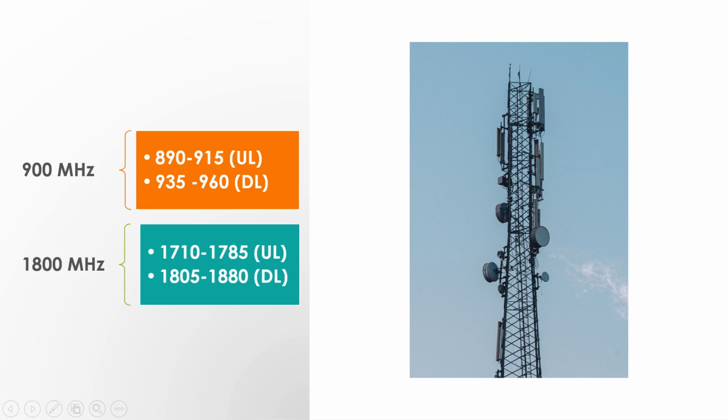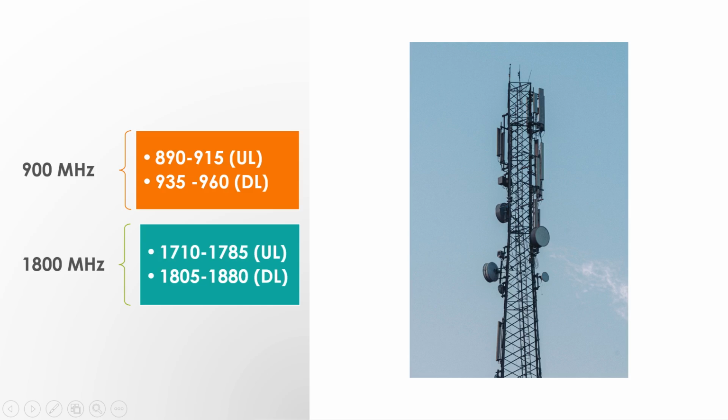So in GSM 900 band, 25 MHz frequency spectrum is available, that is 890 to 915 MHz for uplink communication and 935 to 960 MHz for downlink communication, while 75 MHz frequency spectrum is available in GSM 1800 band.